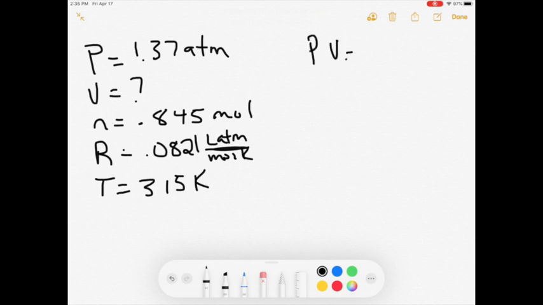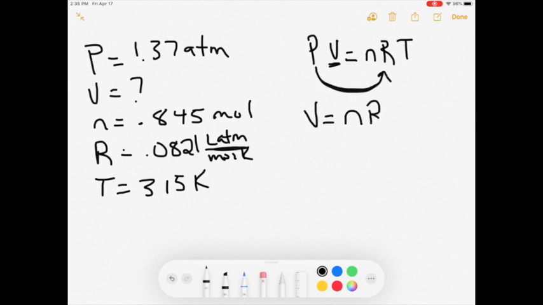So you can rearrange the equation. Okay, so we're solving for volume, so all I have to do is move P under here. So V is equal to nRT over P. And before we plug our numbers in, we want to make sure our units match. So atm is good, moles is good, Kelvin is good, so we can plug everything in.